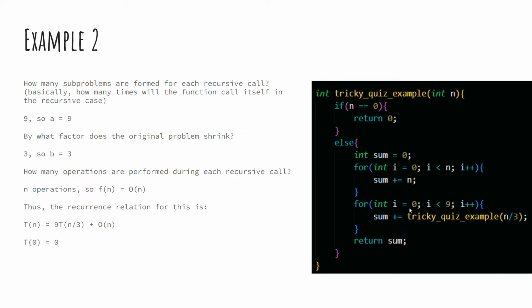So that's how we end up with f of n equal to big O of n. Combining all three, we get T of n equals 9 times T of n over 3 plus big O of n, and the base case is T of 0 equals 0.